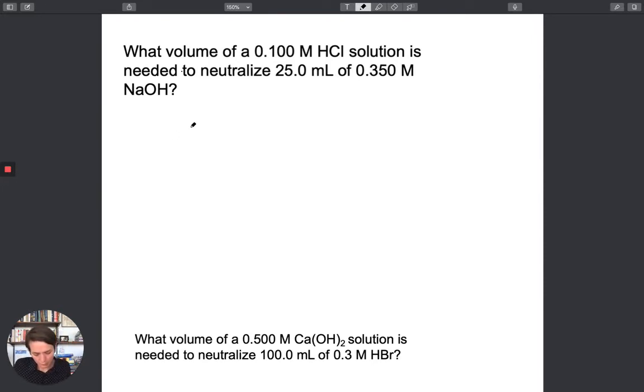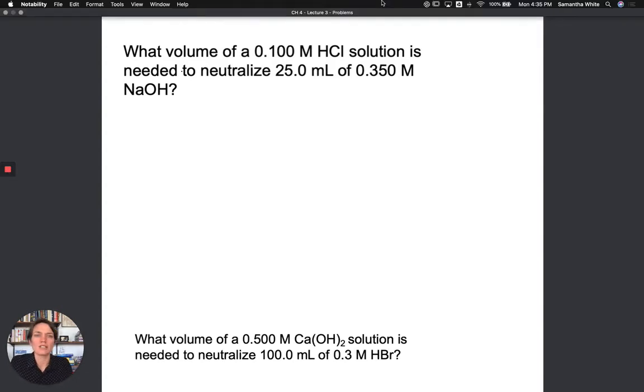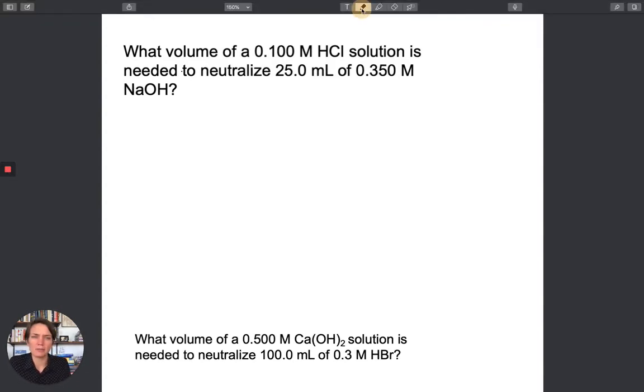All right, so here we have: what volume of a 0.100 molar HCl solution is needed to neutralize 25 milliliters of 0.350 molar NaOH, right? We're working with solutions, lots of molarity and volumes that we're looking at. Okay, so it's good if you read a problem like this and you're like, oh my God, I do not want to do this.